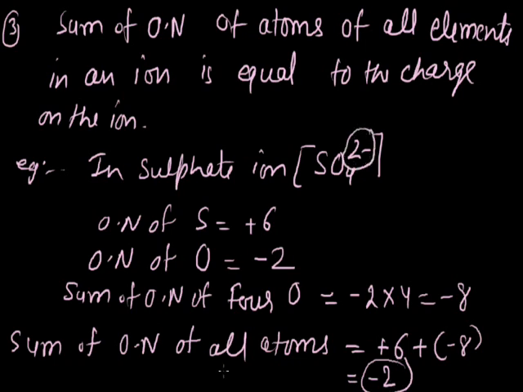So we can say that the sum of oxidation numbers of all atoms present in an ion is always equal to the charge present on it. Now we can calculate the charge or oxidation number of any atom by the above three rules.